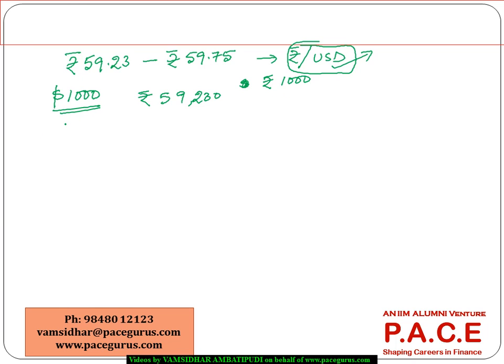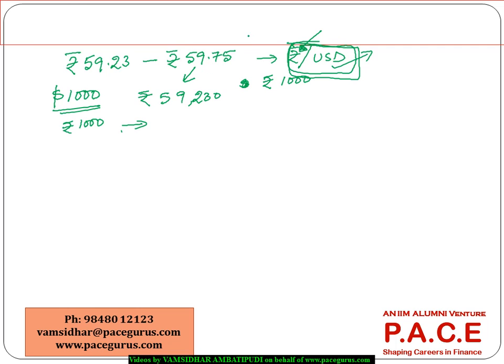But when I am having 1,000 rupees and I want to sell off the 1,000 rupees, but the quote is in the form of rupees per dollar, what I am selling is not the base currency, it's the price currency. So when I am selling the price currency, it is like I am buying the base currency. The investor is buying the base currency, the dealer is selling the base currency at this particular price.